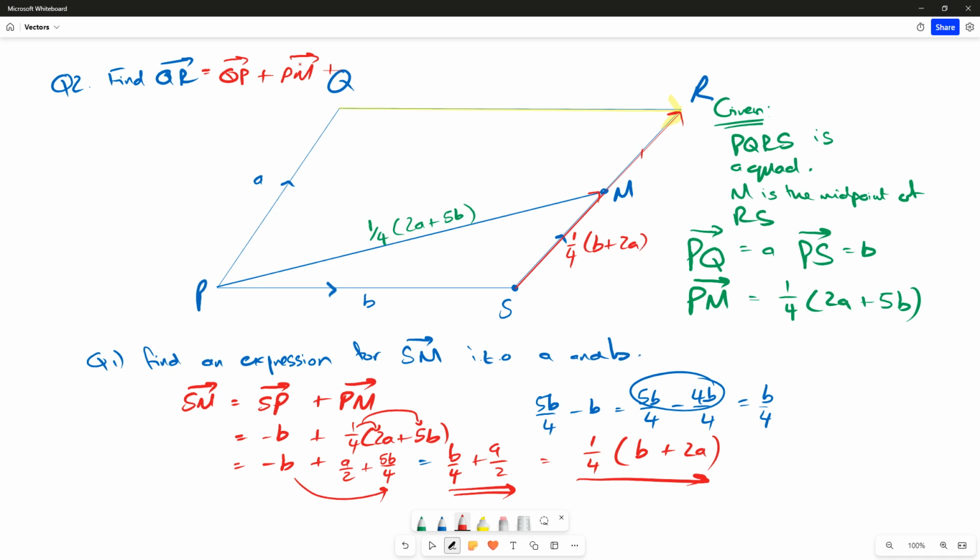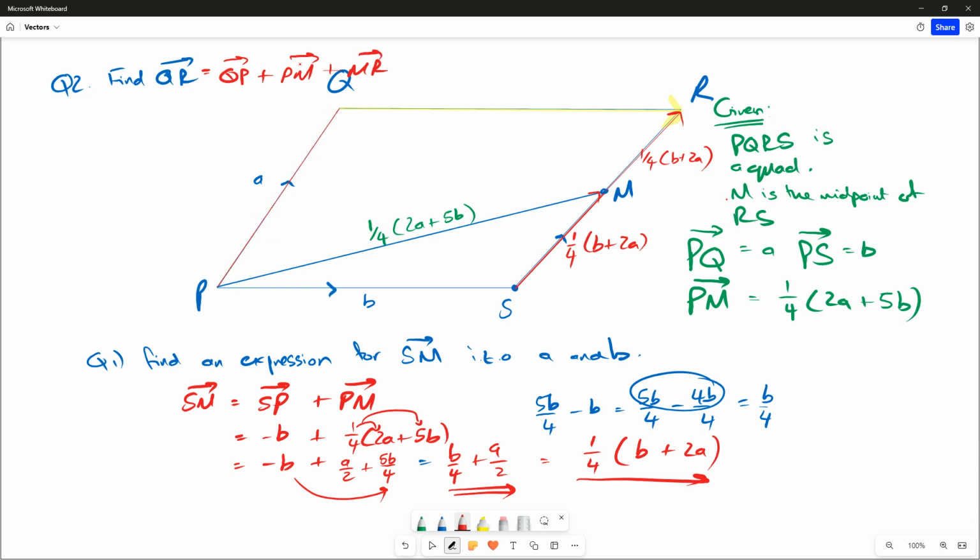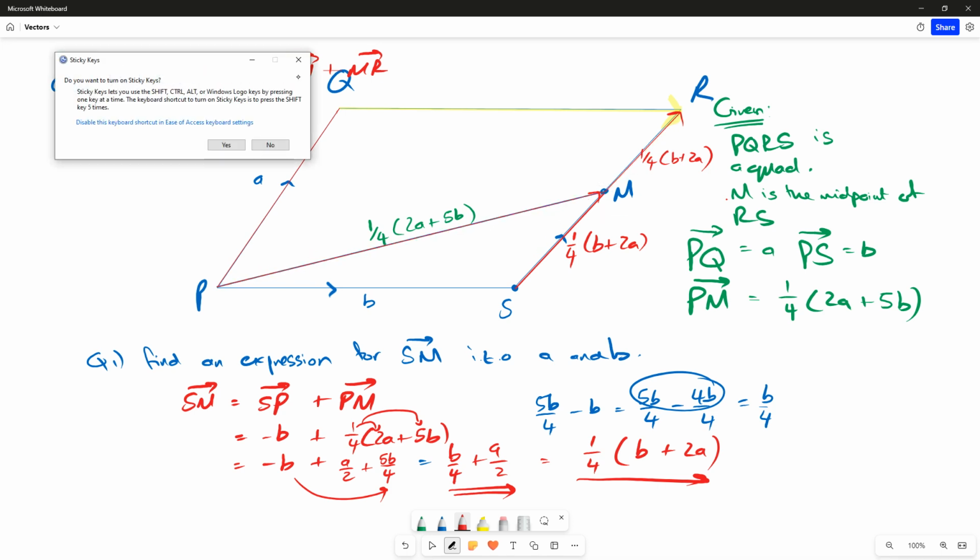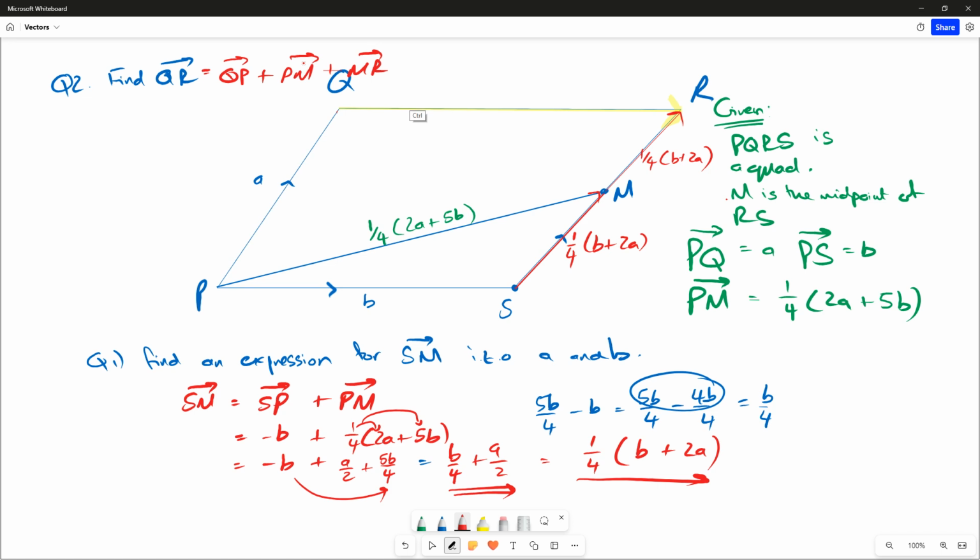Because we were told that M is the midpoint of RS, we have to add MR in as well. So to travel this way, we go there, then there, then there, and then we reach R. Done. Now we need to write this down and simplify.